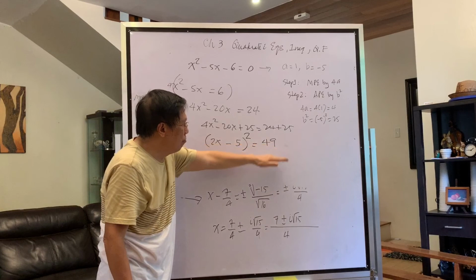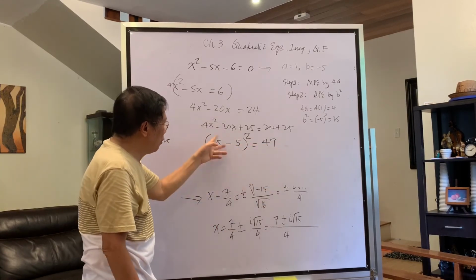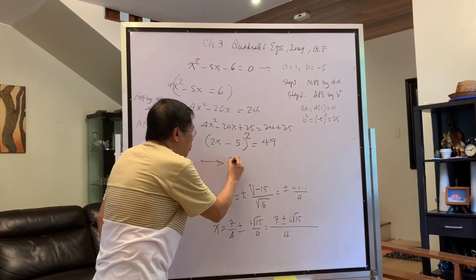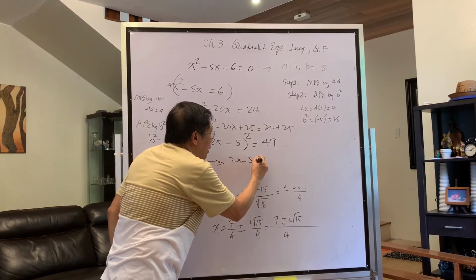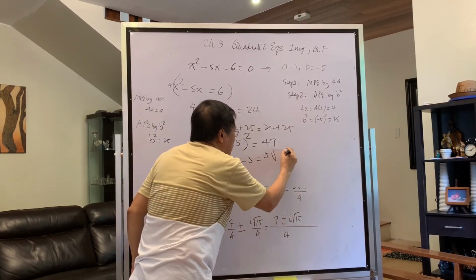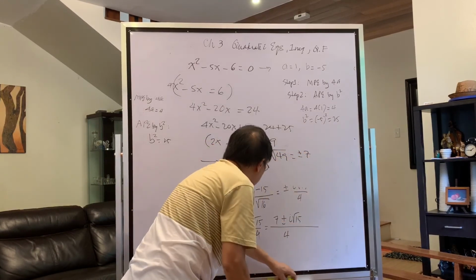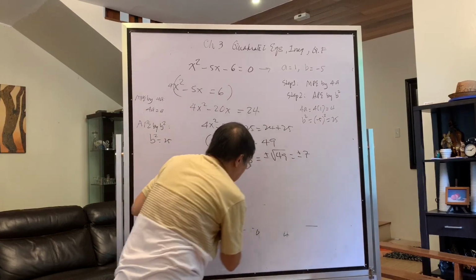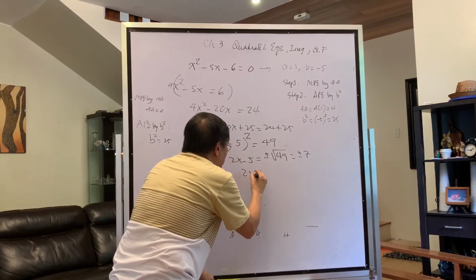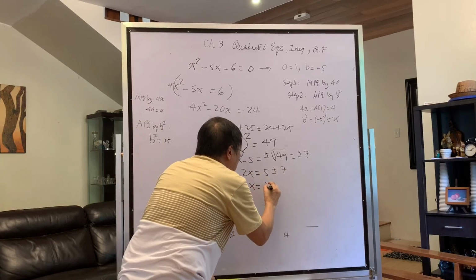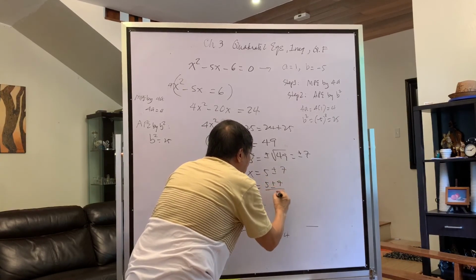Okay, from absolute value definition or extracting roots, we can now have 2x minus 5 equals plus or minus square root of 49 or plus or minus 7. And this gives us 2x equals 5 plus or minus 7, x equals 5 plus or minus 7 all over 2.